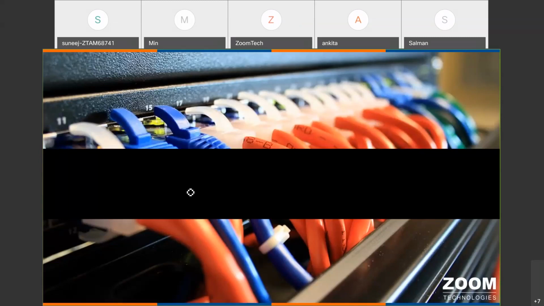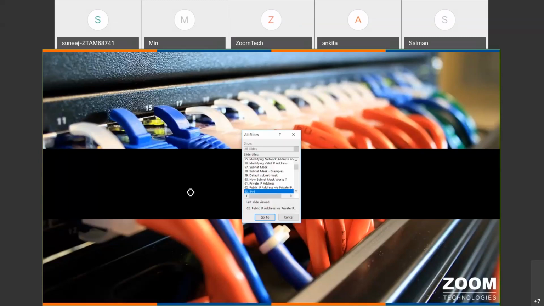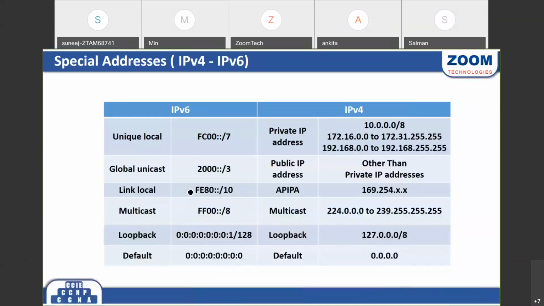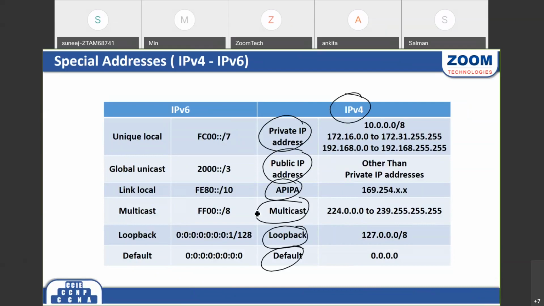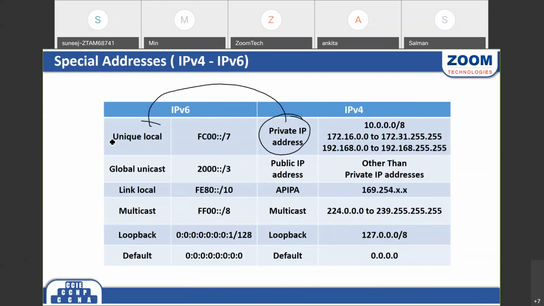In IPv4, we have private IP address, public IP address, multicast address, loopback address, and default. In IPv6, private IP address we call a unique local IP address. Public IP address we call global unicast.